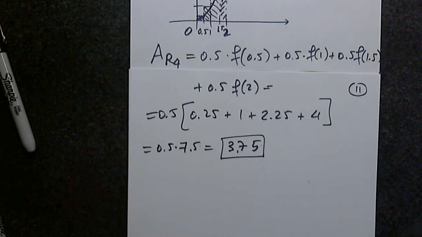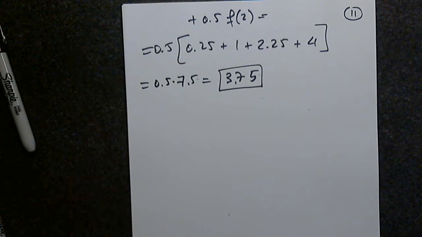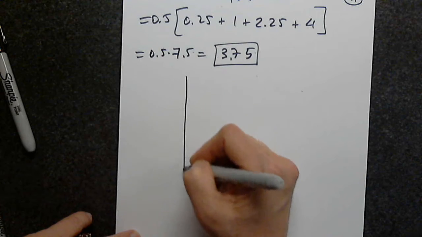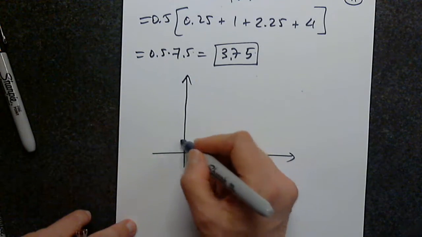Do you think that the third one will be lower than 1.75, or greater than 3.75, or in between the two? Of course. So let's take a look. And of course, it will be the best approximation of the exact area using 4 subintervals.